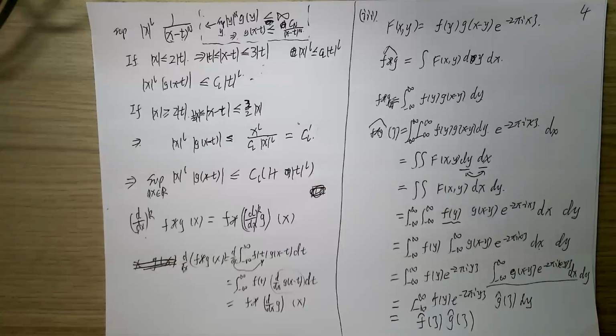In the future, in real analysis, you may learn what kind of condition is good enough to guarantee you are able to switch this dx and dy. This is the so-called Fubini theorem. It's a very important theorem in real analysis.